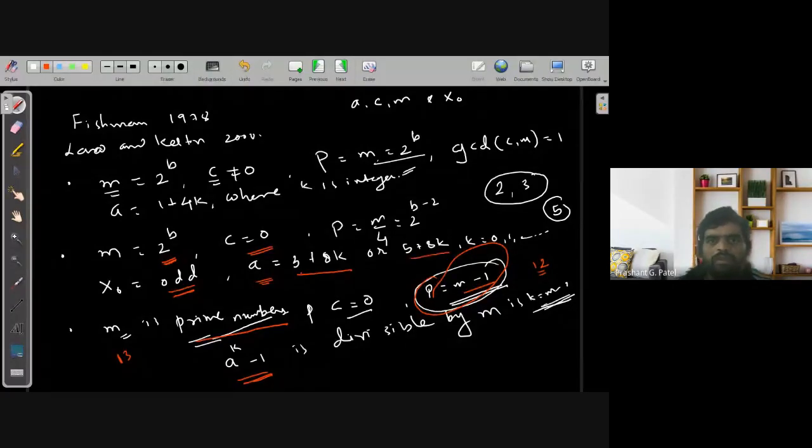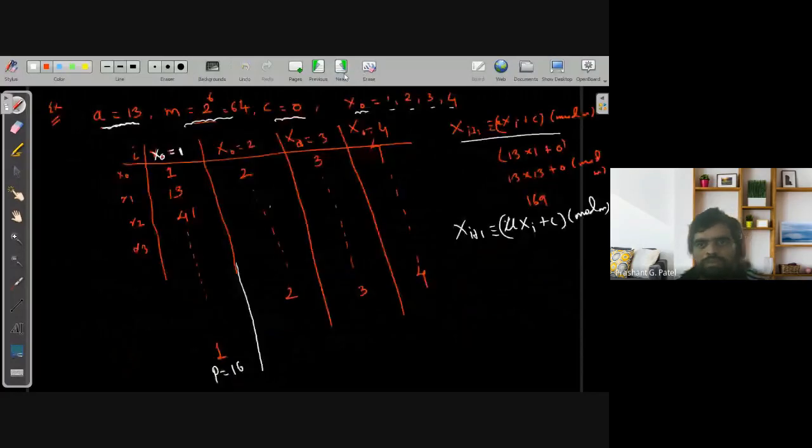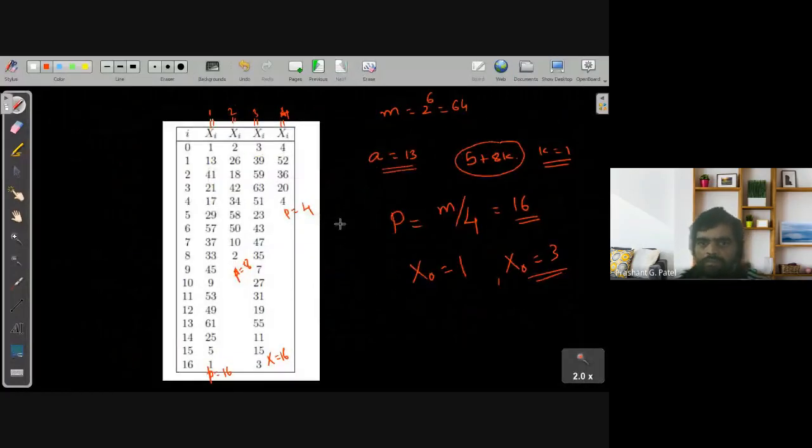Here, A is 13 and m is 2 raised to 6, so your period should be 16 because A is of the form 5 plus 8k. If your seed is odd, exactly a 16-cycle will be there. This is just checking what the theory says.